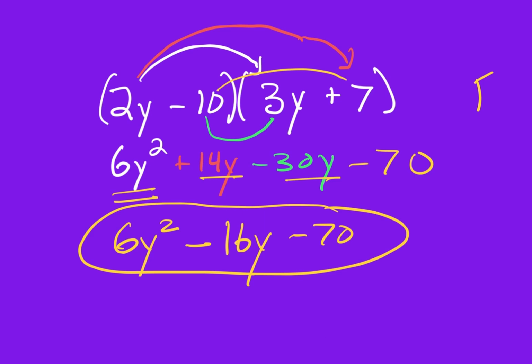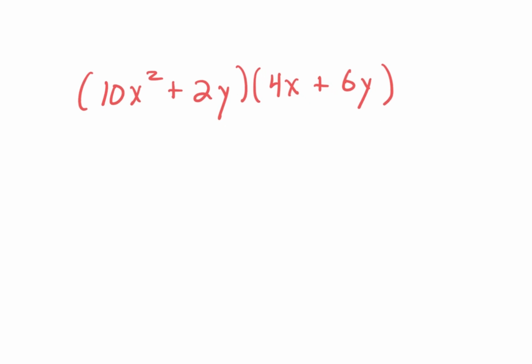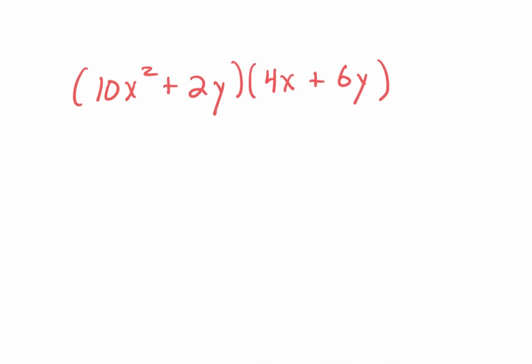Again, we're foiling it. First term, outside term, inside term, and last term. Go ahead and try that one on your own. 10x squared plus 2y times 4x plus 6y.